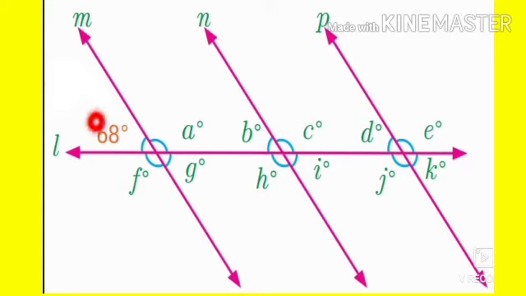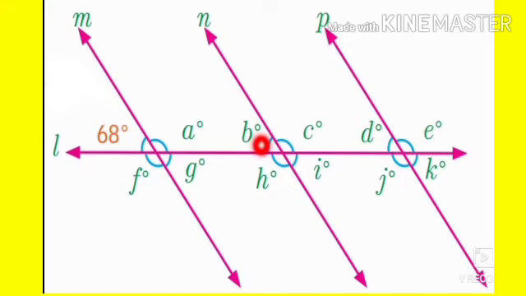Here b degree, 68 degree, f degree, a degree, g degree, h degree, c degree, i degree are the 8 angles formed by this transversal. Observe the angles b degree and 68 degree.